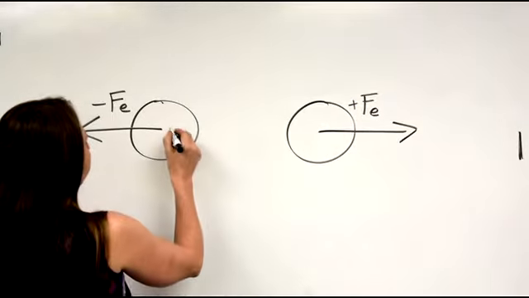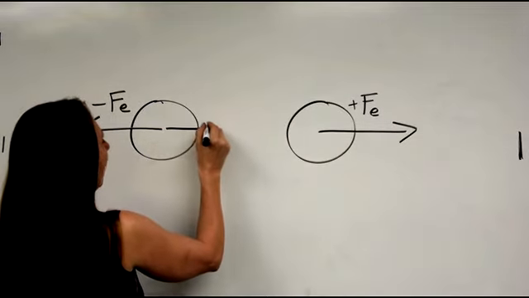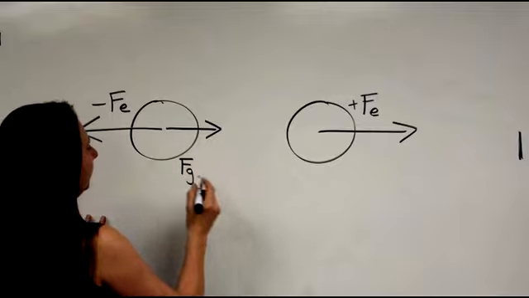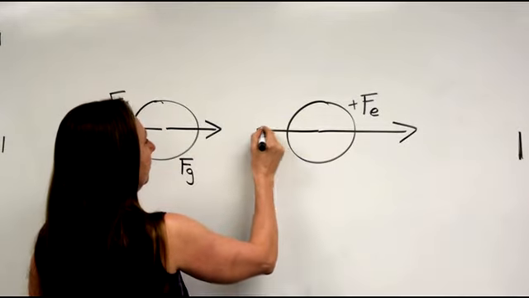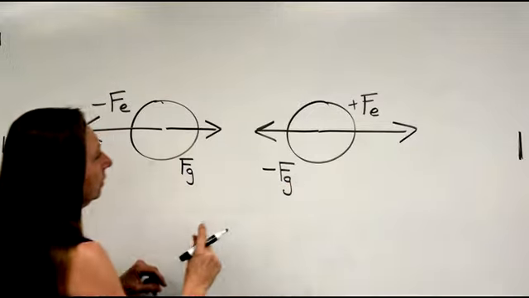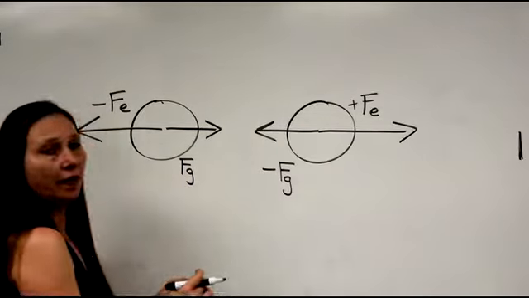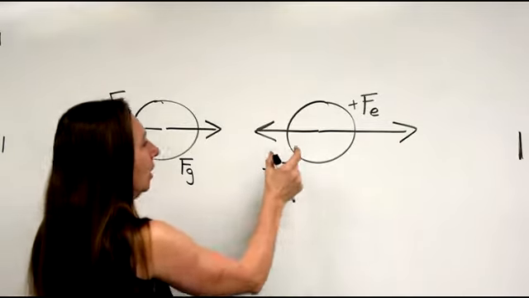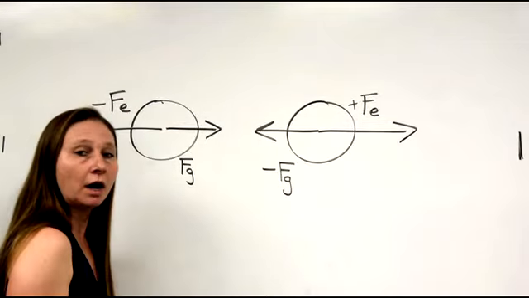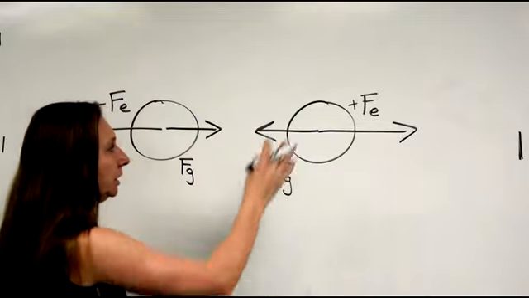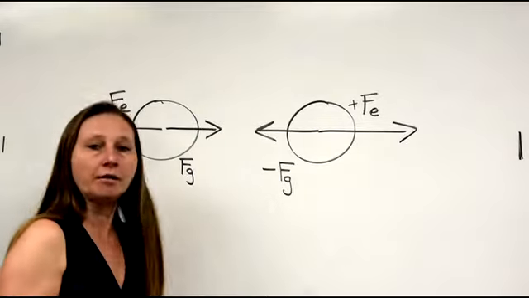So let's draw the gravitational force, Fg, and this one, negative Fg, smaller than the electrostatic force. Now, in actuality, it is a much more dramatic difference between the electrostatic force and the gravitational force.